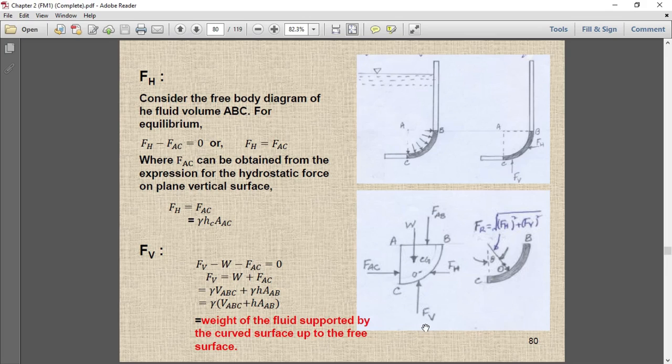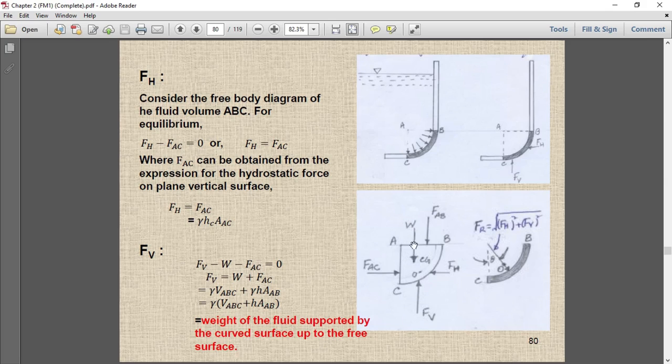The reactive force FV in the vertical direction. This is the horizontal surface where the active force is FAC by the fluid. This is by the fluid, and W is also by the fluid. The acting force by the fluid on the curved surface is FEB in the horizontal direction and FAC in the vertical direction, and also the weight of the fluid acting vertically downward.